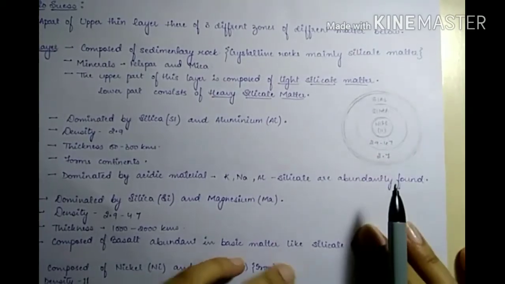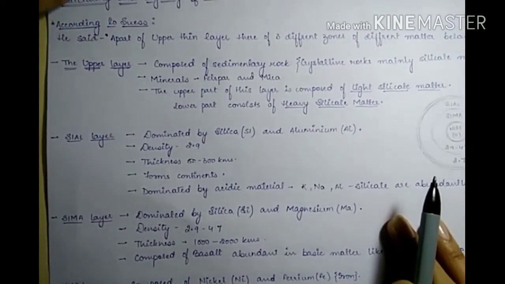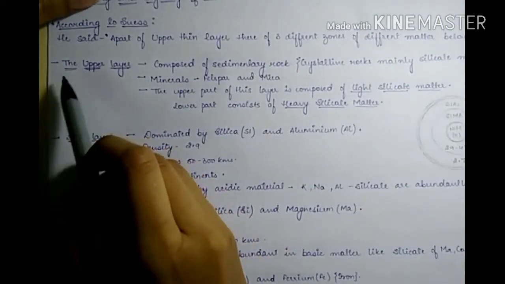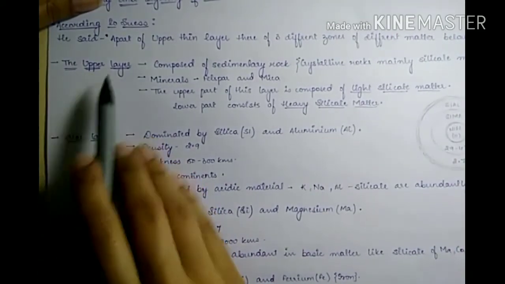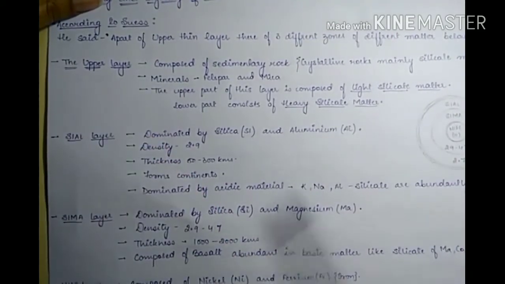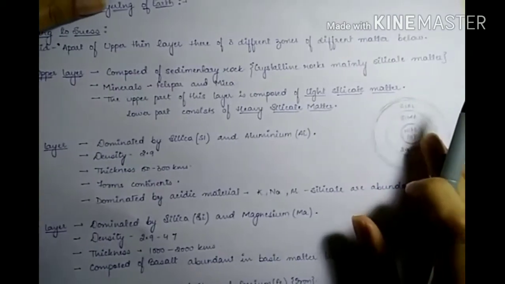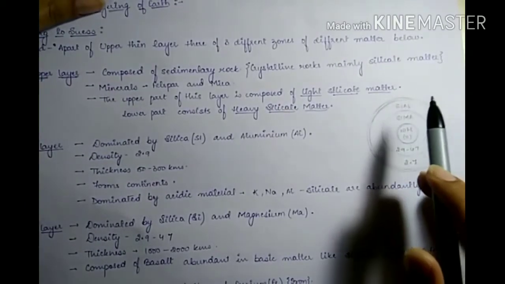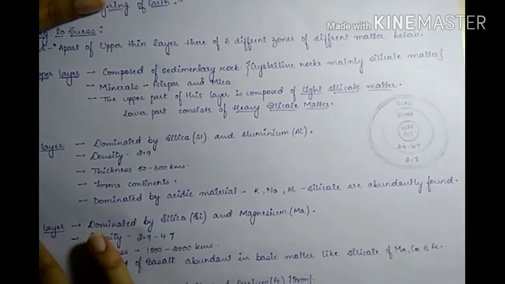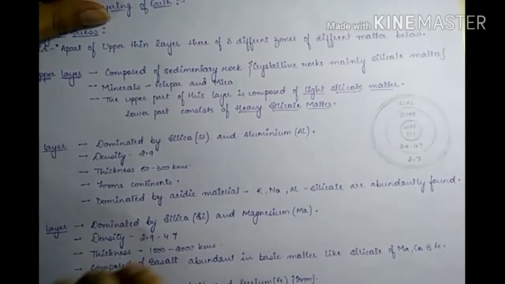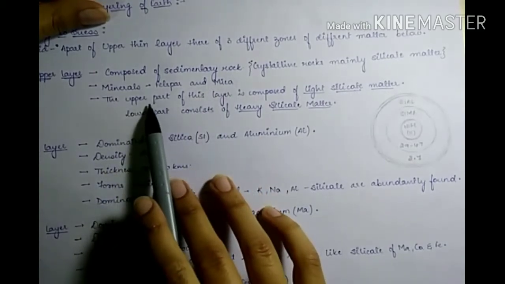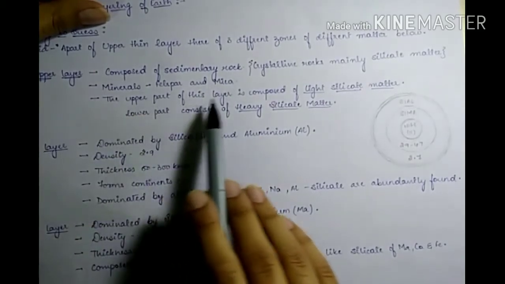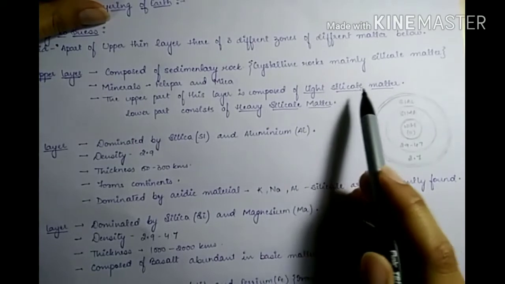Okay, so he called the first, that is sedimentary layer, as the upper layer. He said that it was composed of crystalline rock, mainly of silicate matter. Okay, and the minerals dominant here are feldspar and mica. Okay, the upper part of this layer is composed of light silicate matter.